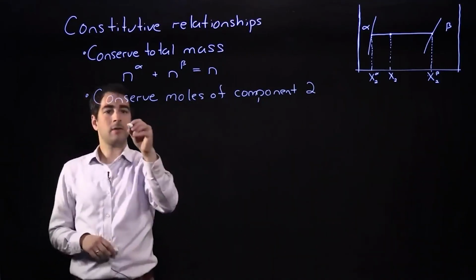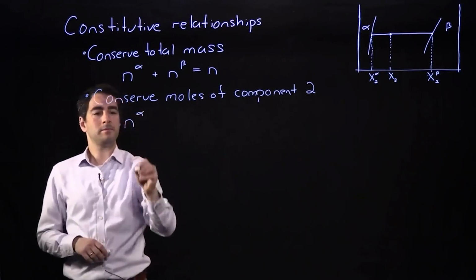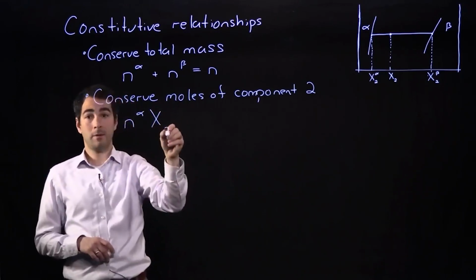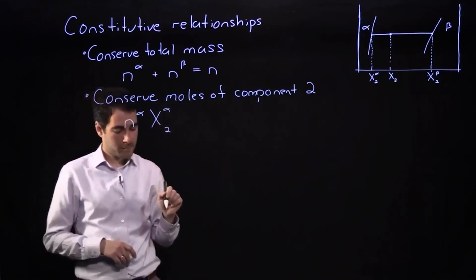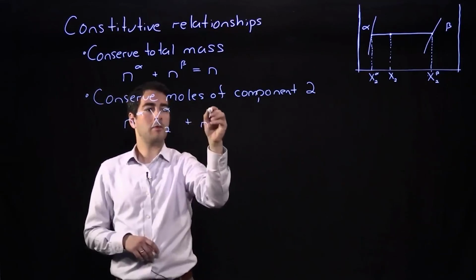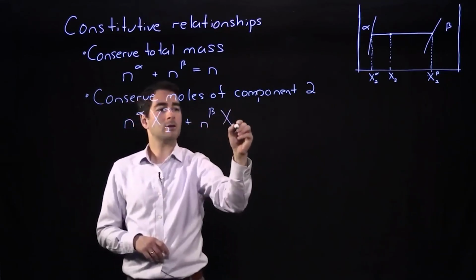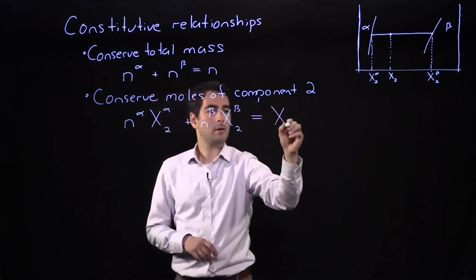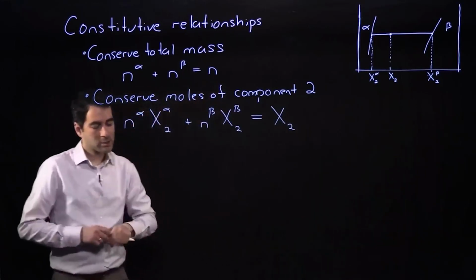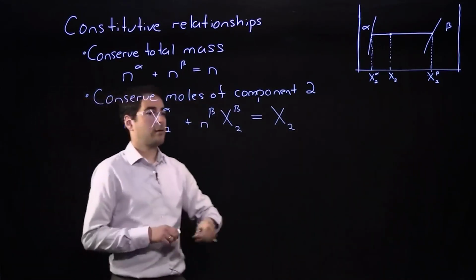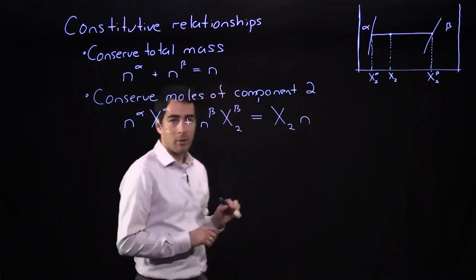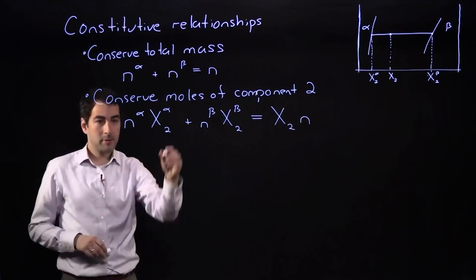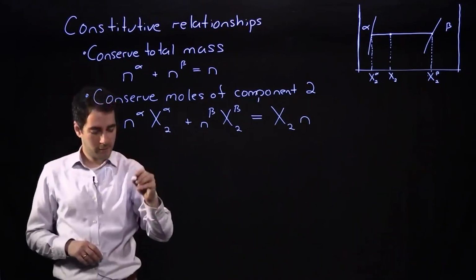So the way we do that is we say N super alpha times the mole fraction of component 2 in phase alpha plus N super beta times the mole fraction of component 2 in phase beta should be equal to the overall mole fraction of component 2 times the total number of moles. So this is conservation of mass. So we put these together, we get the following expression.